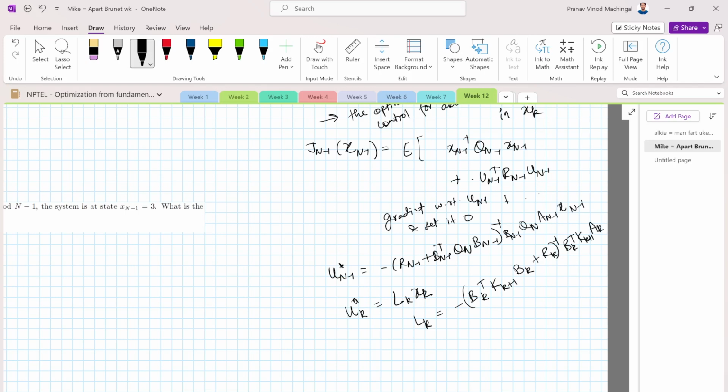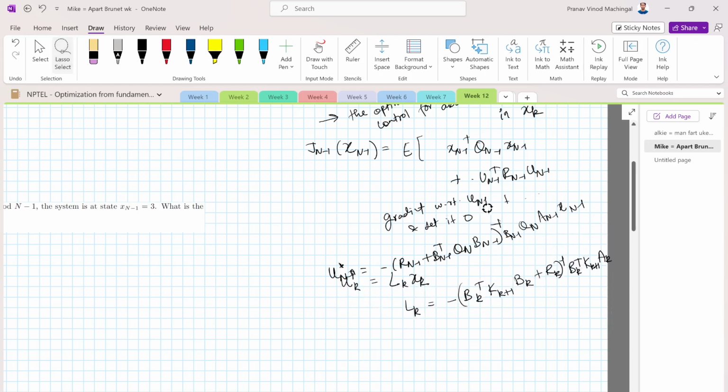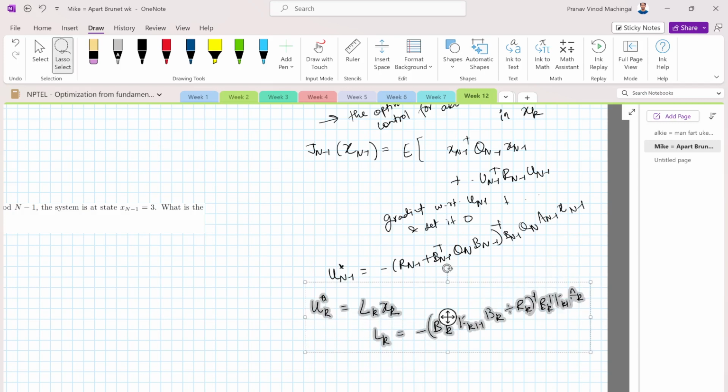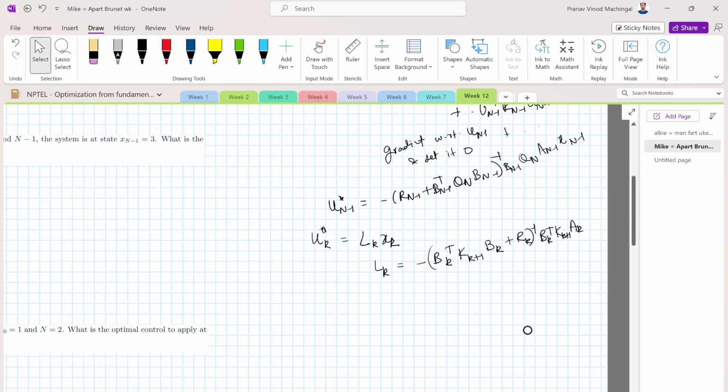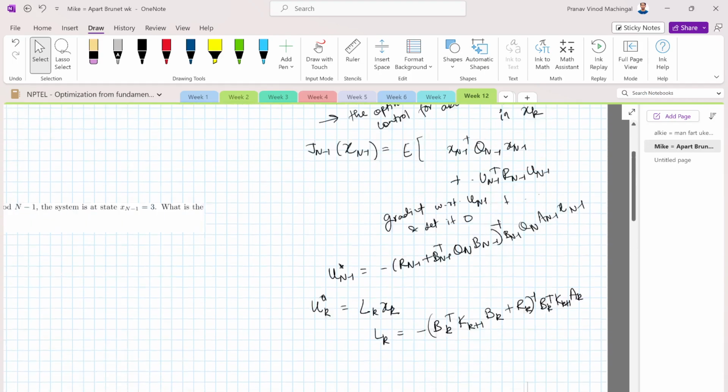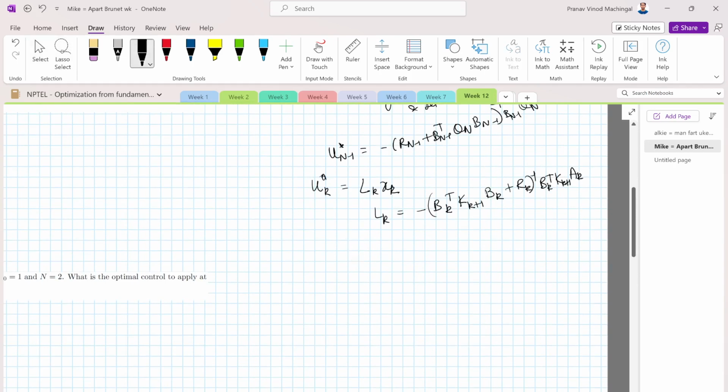Okay, write it a bit neatly. And this k is also defined in some form. Vk transpose.